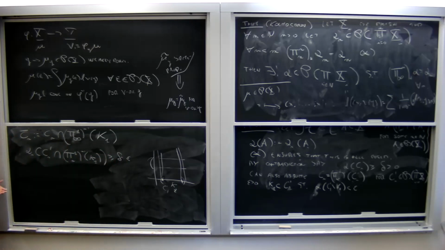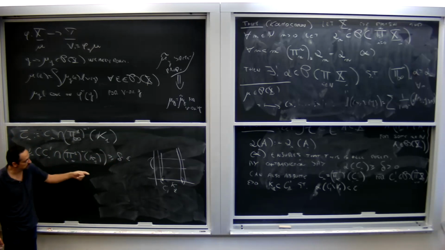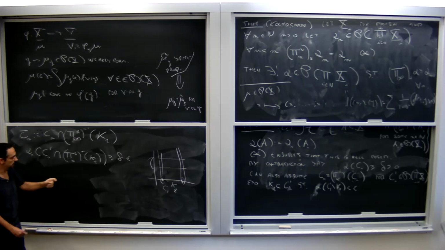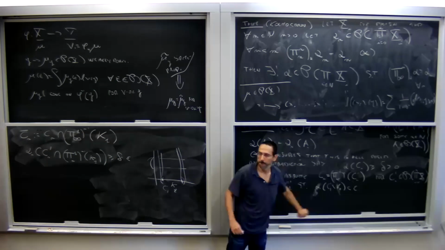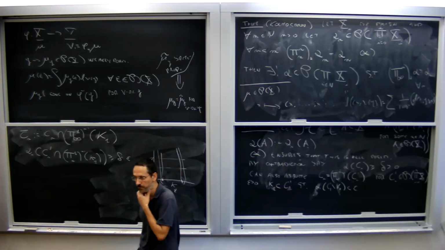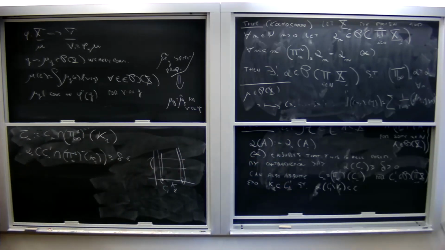Makes sense? Because what did I take out from this? I took out what was in C1 prime minus K1, but this is small. Okay, make sense?